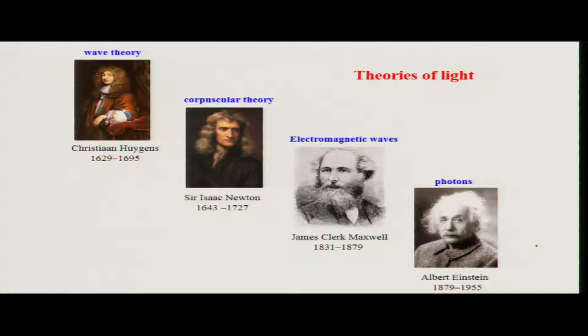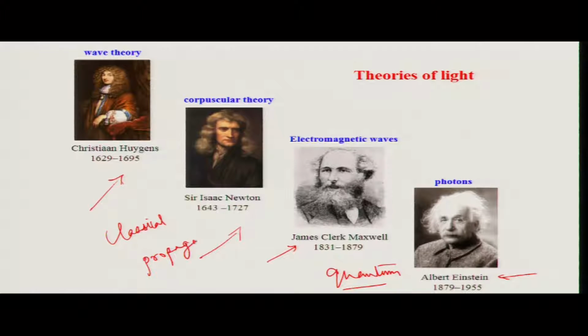So, we know that there have been several theories of light, starting from classical to quantum, and we have already looked into the aspects in quantum mechanics in terms of the Planck constant and Einstein, whereas the wave and the classical nature of light is better understood, and propagation is better understood in terms of these either wave or particle.